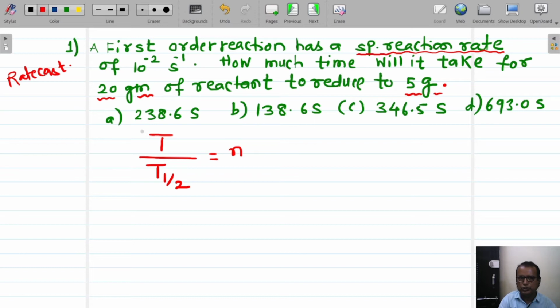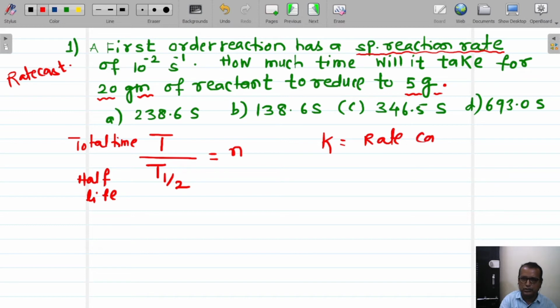T means total time, which is required, and half-life time is T half. K is the rate constant, which is given to you, that is 10 raised to power of minus 2 per second.